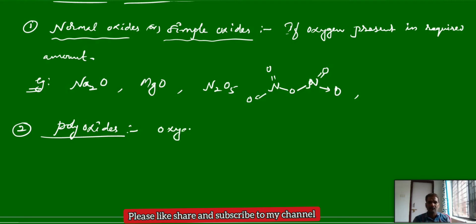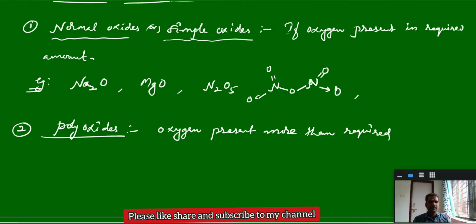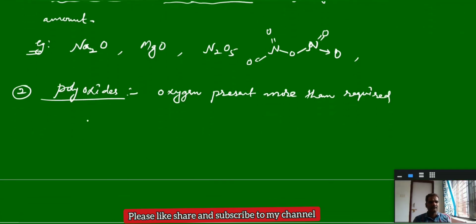Here the amount of oxygen present is more than required to satisfy the valency of the other element. Polyoxides, again, we can take further as peroxides and superoxides.